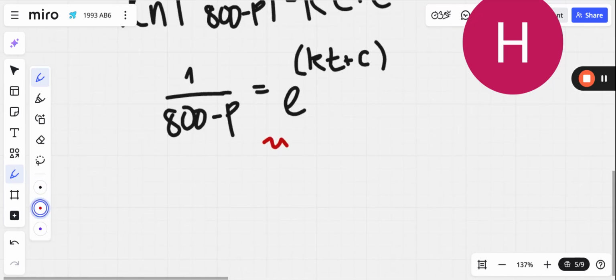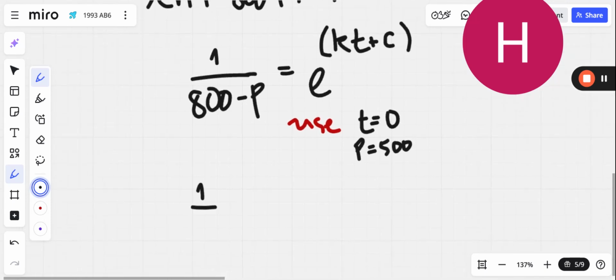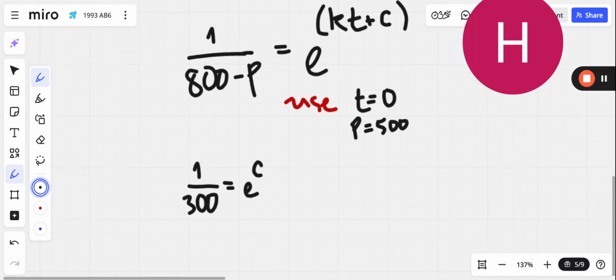Let's use the fact that t equals 0 and p equals 500. So now we're going to have 1 over 300 equals, well, since t is 0, this is just e to the c. But we're just going to call this its own constant c.